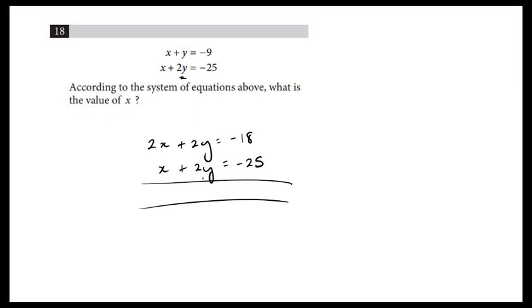So I'm going to cancel the y's by subtracting these two equations now. So all I did here was multiply everything by 2 to create an equivalent equation. If you do 2x minus x, you get x. These guys cancel. 2y minus 2y is 0. And minus 18 plus 25 is equal to 7. So again, x is 7.